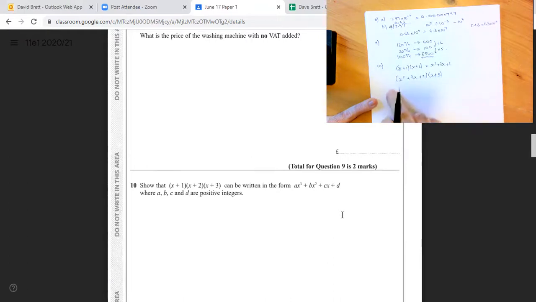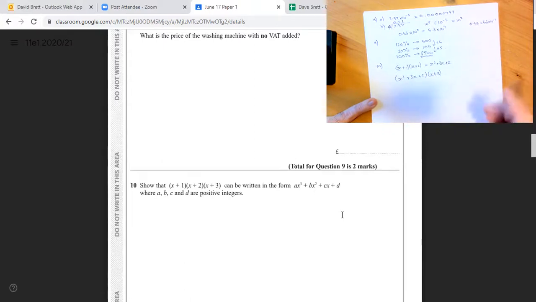Now, there's a couple of ways to do this. You can use your crab claw, but obviously a bit of a demented crab claw because it's going to have 3 bits coming from here. Or you can use your box method. So you've got x plus 3, x squared plus 3x plus 2. x times x squared is x cubed.